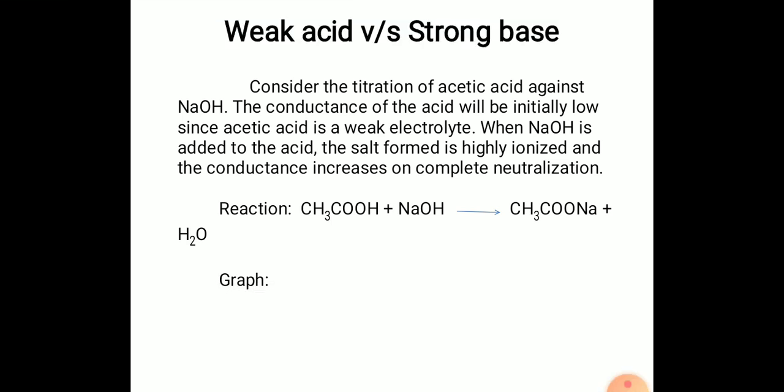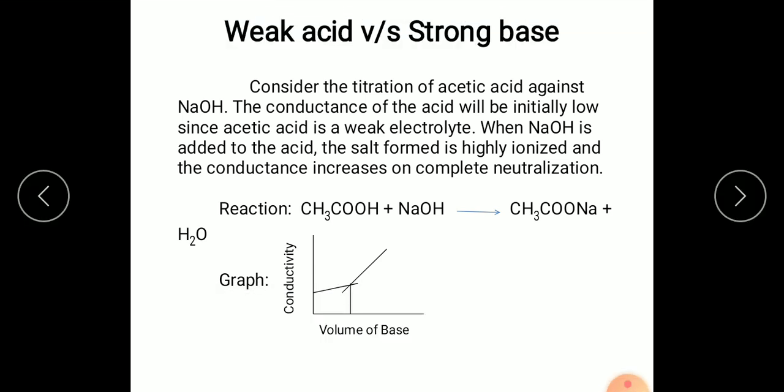Now we'll see the graph. In the graph, conductivity is plotted on the y-axis and the volume of base, that is the addition of NaOH strong base, on the x-axis. Initially, as the acetic acid is treated with NaOH, the conductance increases slowly, and once the neutralization completes, we can observe a sudden increase in the conductivity.